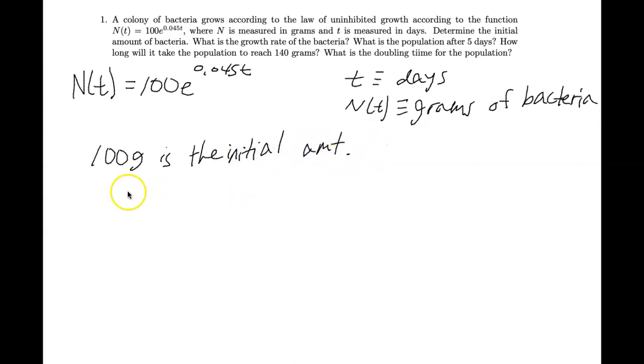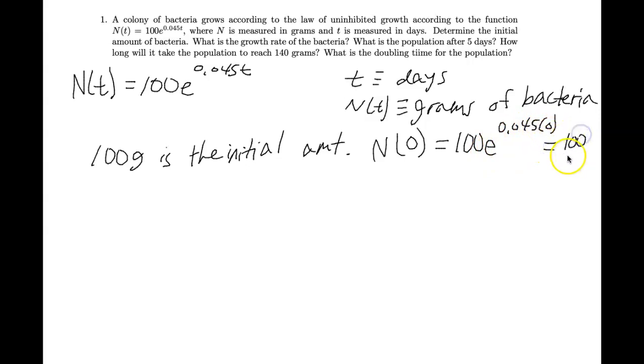Another way that you can find the initial amount is that it means the number of days is going to be 0, and you would find N of 0, and that would be 100 times e to the 0.045 times 0. This is going to give you e to the 0. e to the 0 is 1, and so you get 100 times 1, or 100 grams.